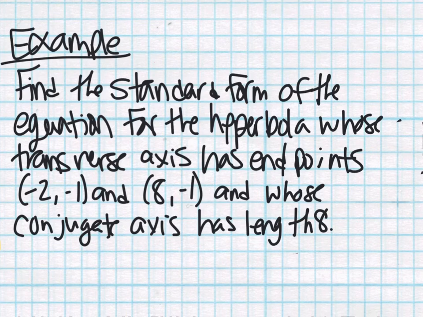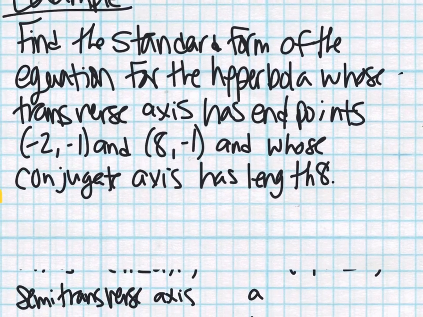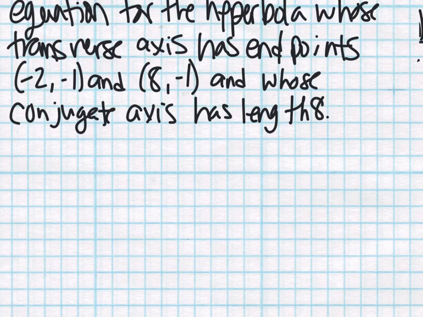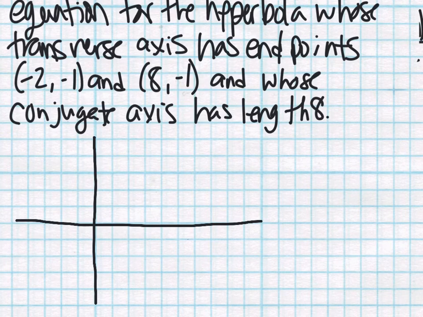Okay, so the first thing I want to do is sketch some of this information so that I get an idea of what's going on with this hyperbola. I'm going to give myself some space and put this information on a sketch of the graph. I'm just going to draw an XY axis. The problem tells me the transverse axis has endpoints (-2, -1) and (8, -1).